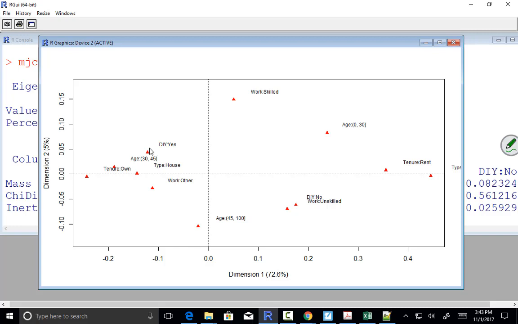Over here, on the left side of the picture, we have several levels of some of the variables. These are people who own their home. These are people who are between 30 and 45, who live in a house, who are do-it-yourselfers, and who are not skilled and not unskilled.